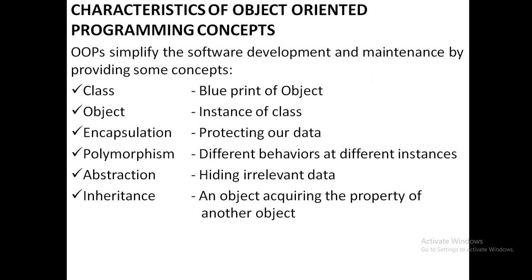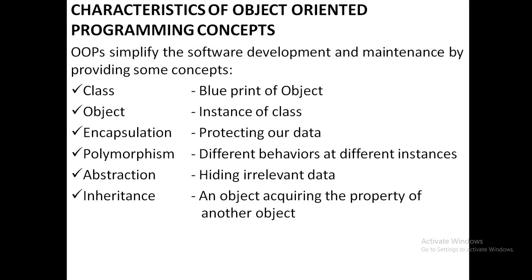Characteristics of object oriented programming concept. OOPs simplify the software development and maintenance by providing some concepts. Here, class. Class is nothing but considered to be as a blueprint or a template for an object. Object is defined as the instance of a class. Encapsulation means protecting our data, where data as well as the methods or functions are being encapsulated inside an entity called class.